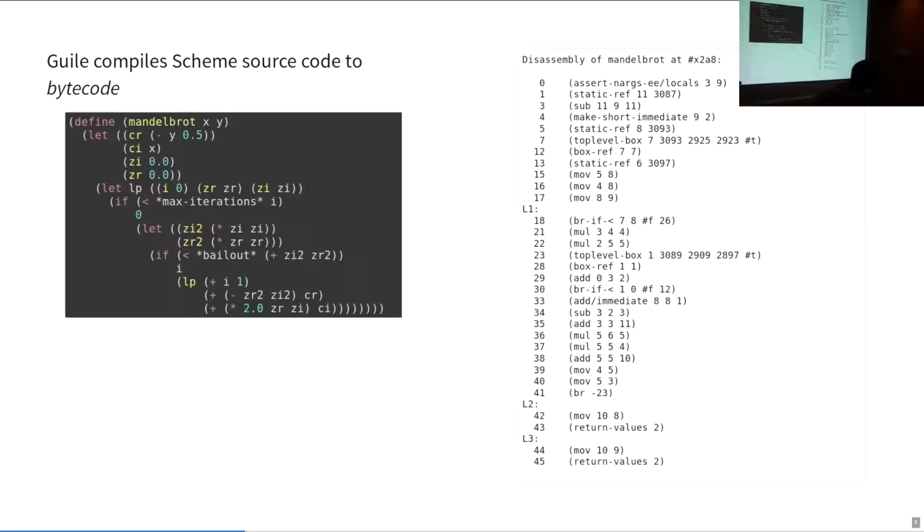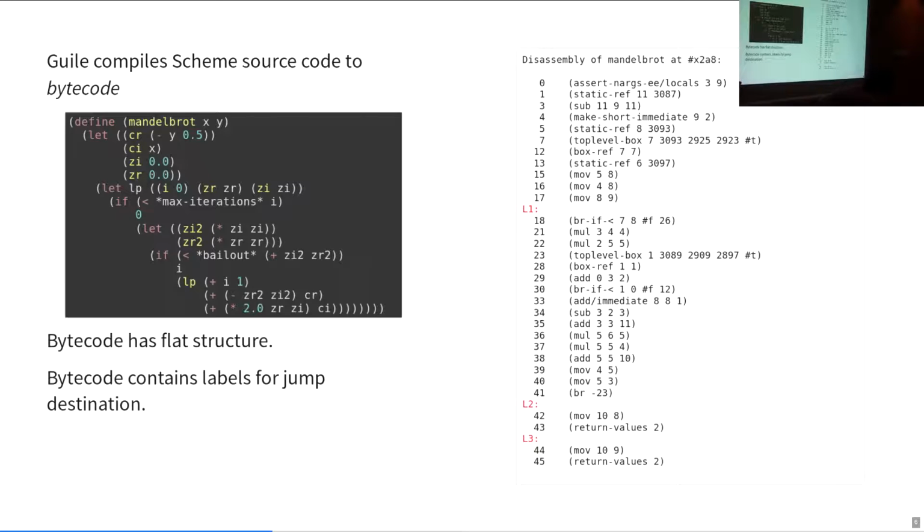The code on the right side is the disassembled bytecode of the Mandelbrot procedure. We can see that the bytecode has a flat structure, and it contains labels, colored in red, L1, L2, and L3.